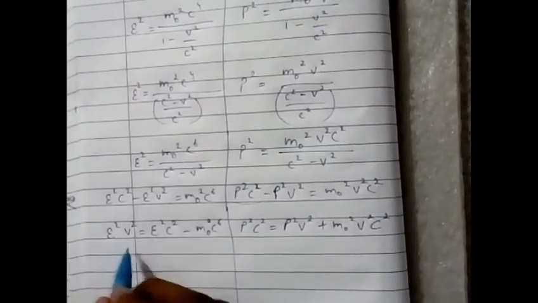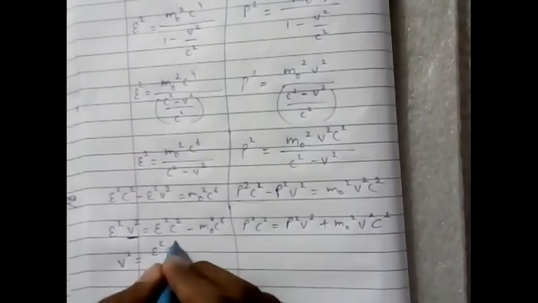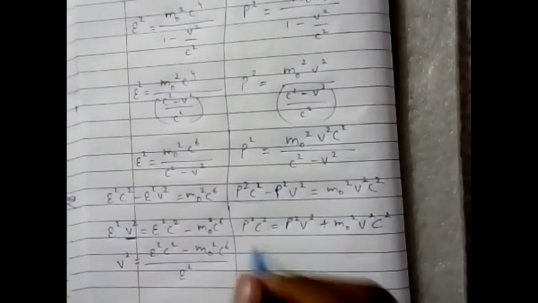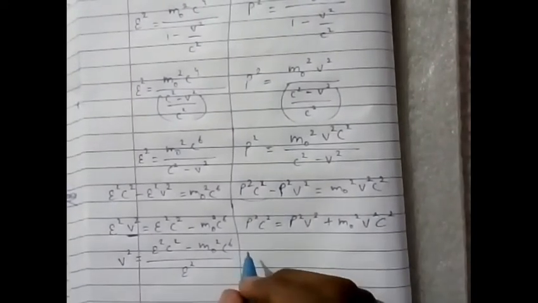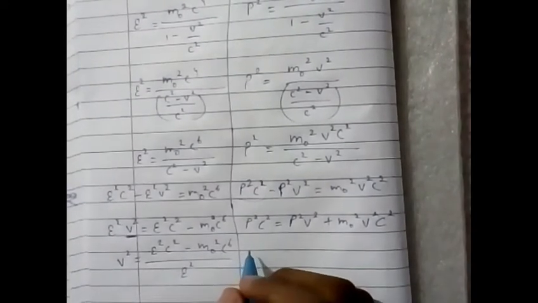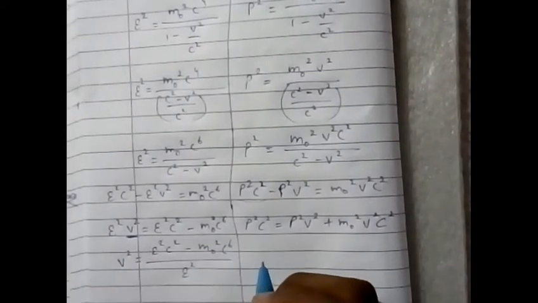Now we need the value of v squared, so the equation will be v squared equals E squared times c squared minus m naught squared c raised to the power of 6, over E squared.